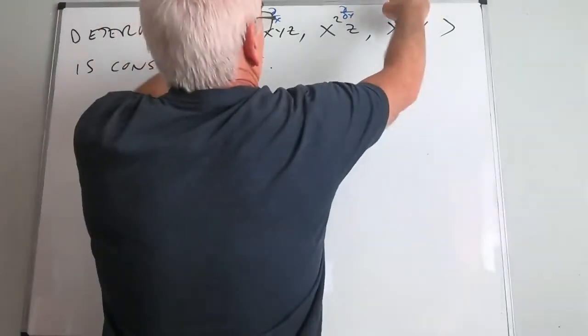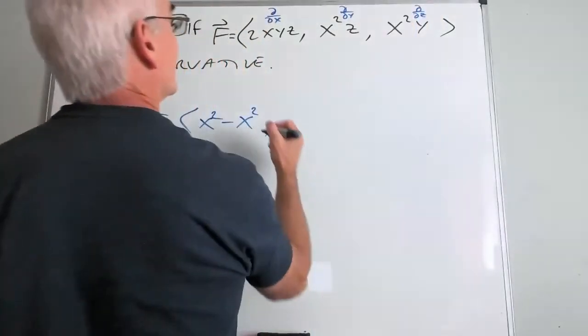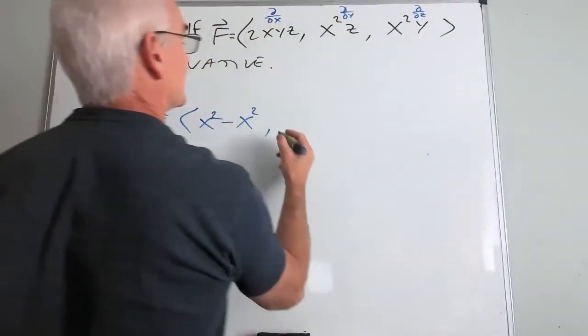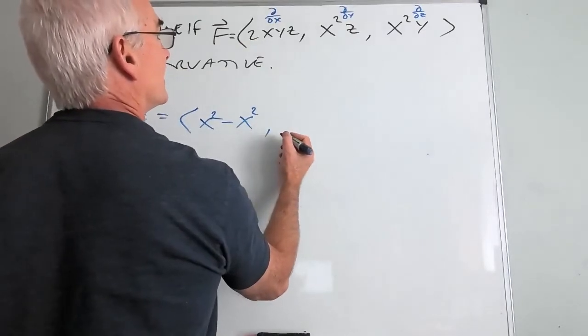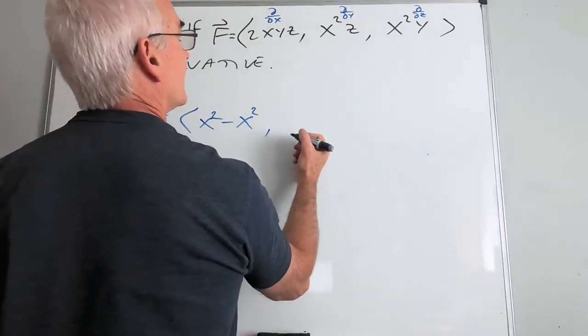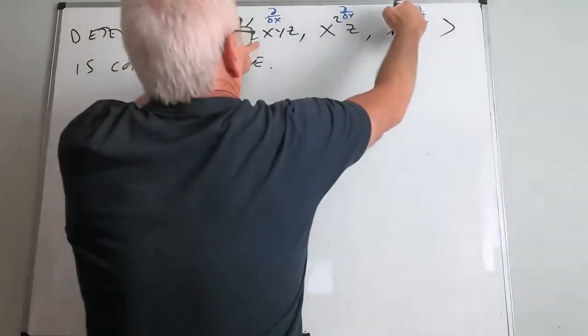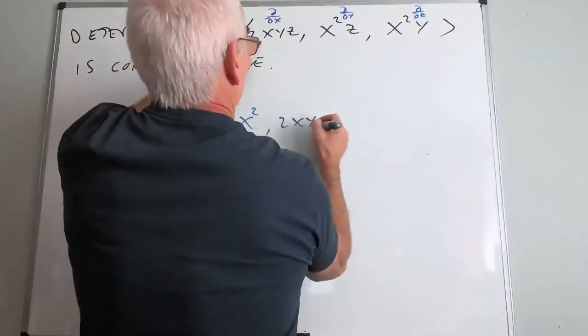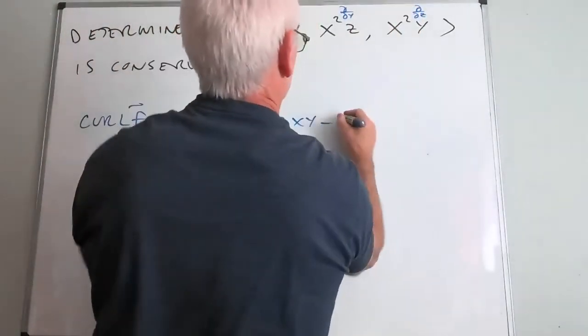So this partial with respect to z is xy minus 2xy, so 2xy, and then minus 2xy.